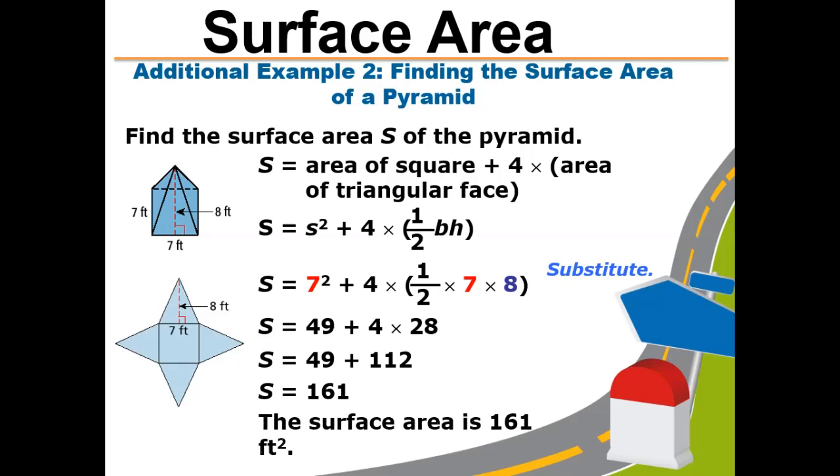Is it clear? Is it fine? Does it make sense? Okay, let me repeat the steps one more time before leaving you to your assignment. To find out the surface area of any three-dimensional figure, first step, create the net of this figure. If you have it, it's fine.